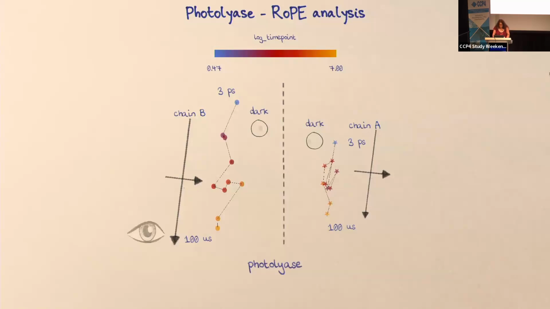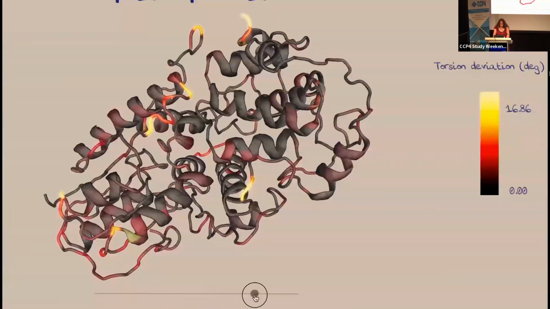But we can make them very clear because, like I said before, those axes can be expressed as a combination of the original axes, the torsion angles, and we can view the atom motion associated with that.